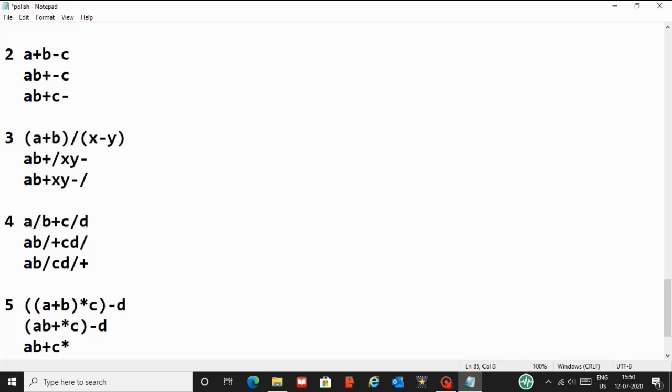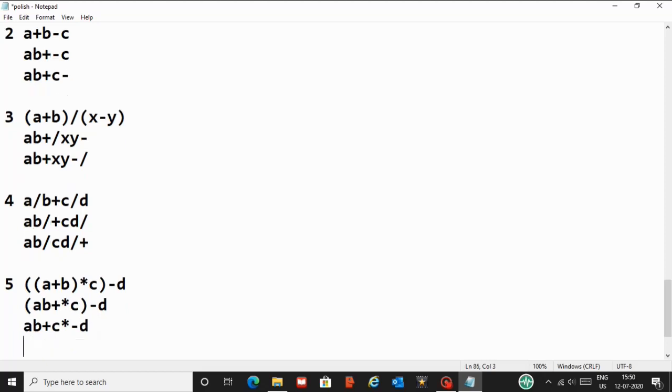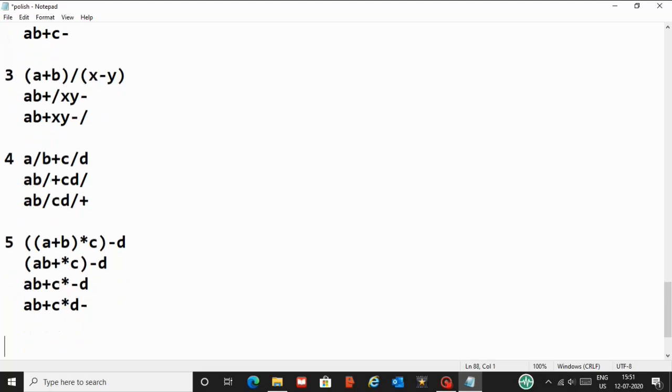So this bracket is done, minus D. So I will do AB plus C star D minus, correct? AB plus C star D minus would be my resultant postfix expression.